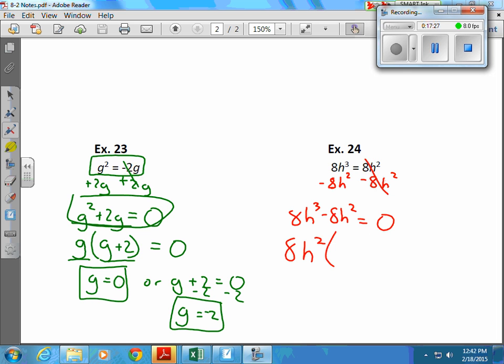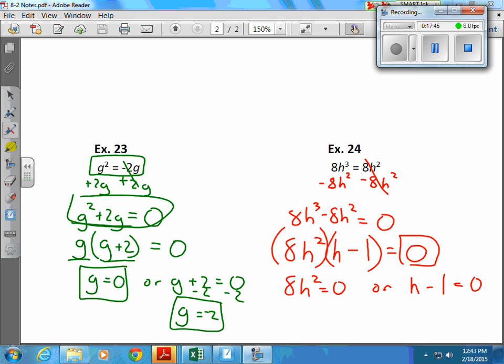That's their greatest common factor. You're left with h minus 1. So either 8h squared is equal to 0, or h minus 1 is equal to 0. That's the only way to get 0 as an answer when you're multiplying two things together.